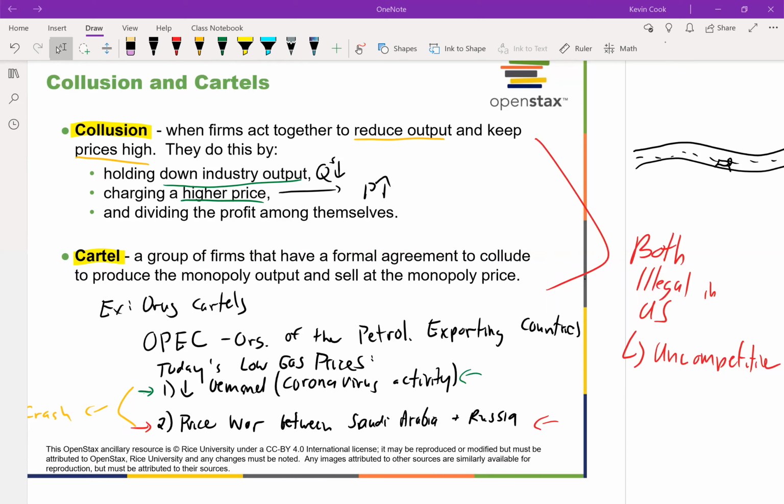And as you get more and more out of the first world, it becomes harder to enforce. So whereas in the U.S., if there's collusion going on, I can outright see it. I know who I can call.